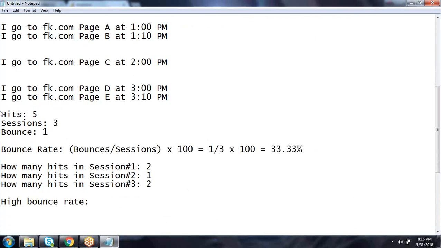Bounce is like you enter into a store, you look at the store, and you somehow feel that this is not the right place that you have come to, and you just go back because you don't interact with any product. You don't go and look into any product. You don't go ahead and ask for any product. You don't look at any prices. You don't look at any product details. You just enter the store and you just come back, right?